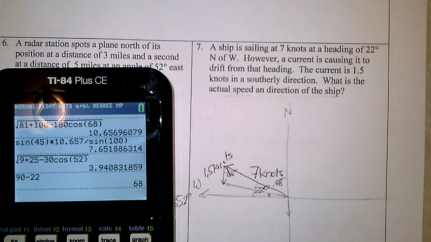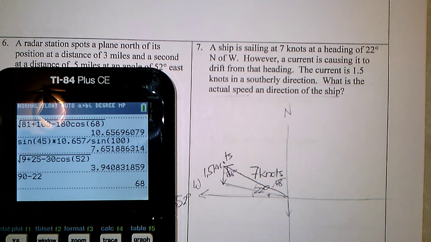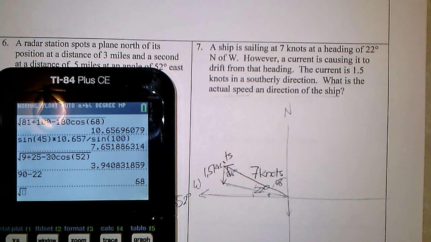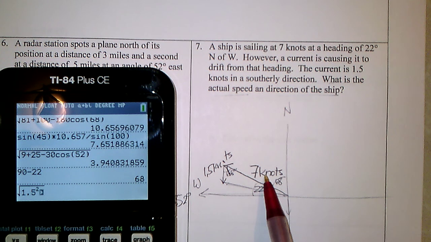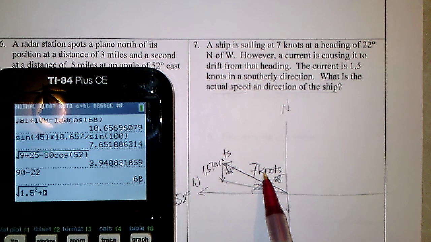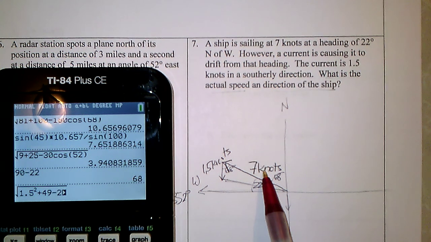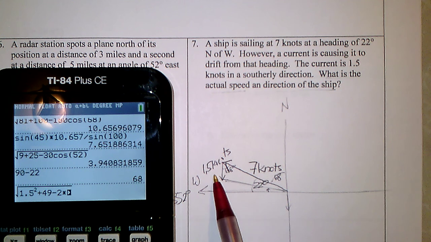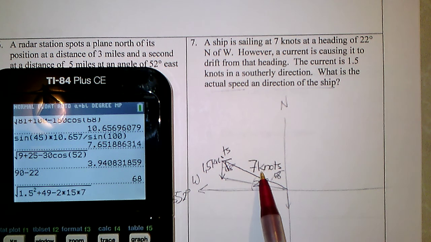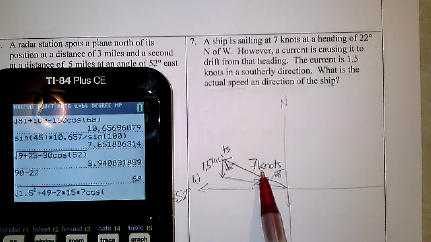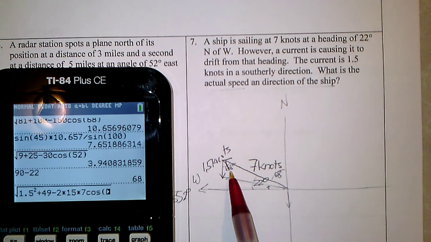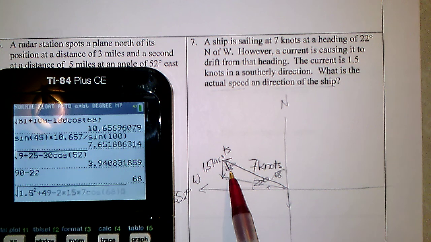So side angle side is, you do the square root of adjacent side squared plus the other adjacent side squared. 7 squared is 49, minus 2 times an adjacent side, 1.5, times the other adjacent side, 7, times the cosine of the angle between those, which is 68.